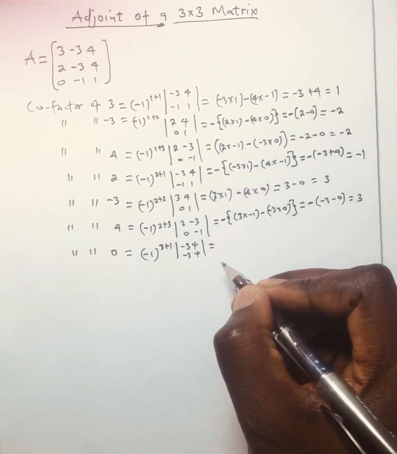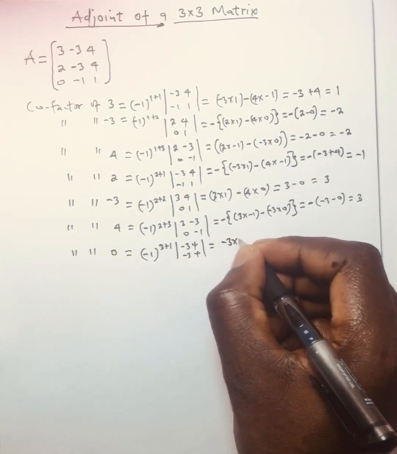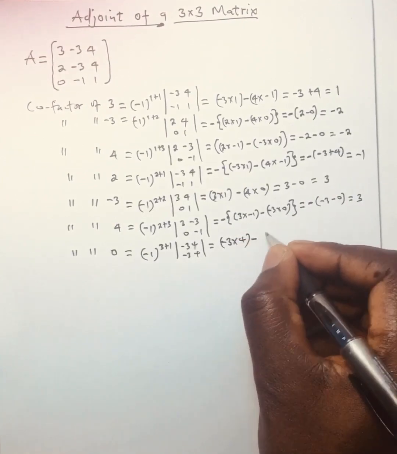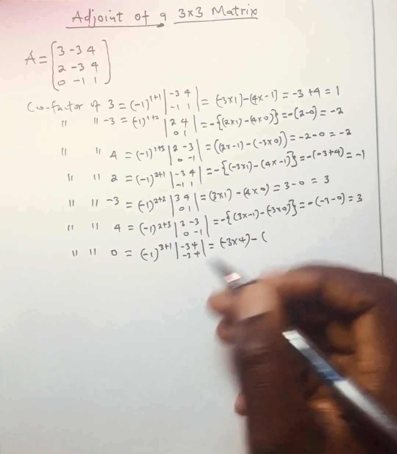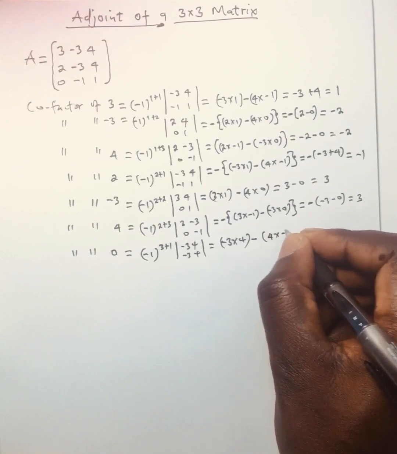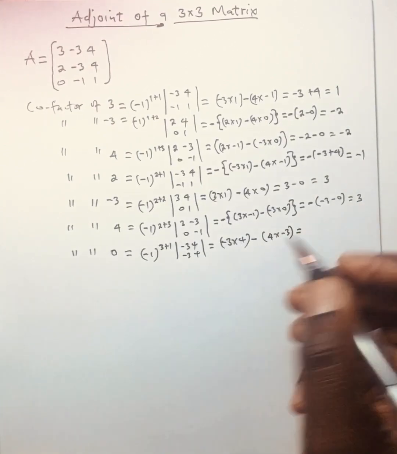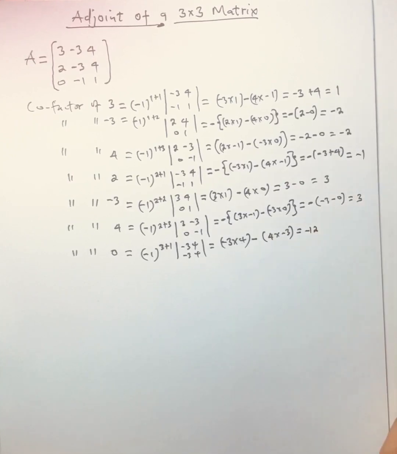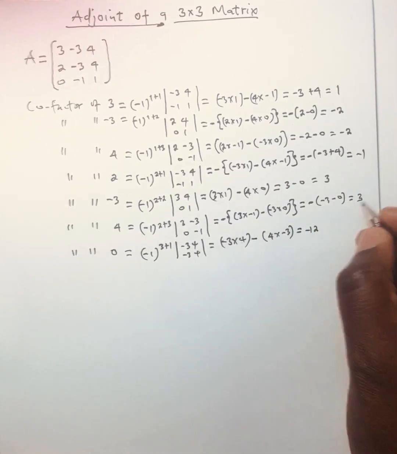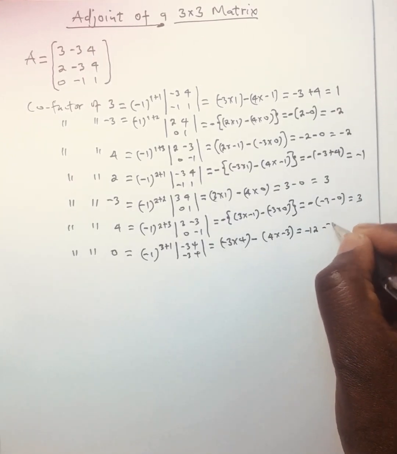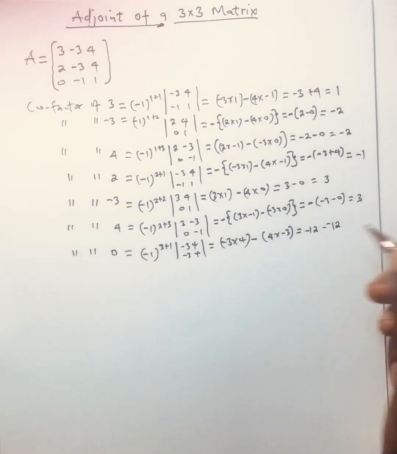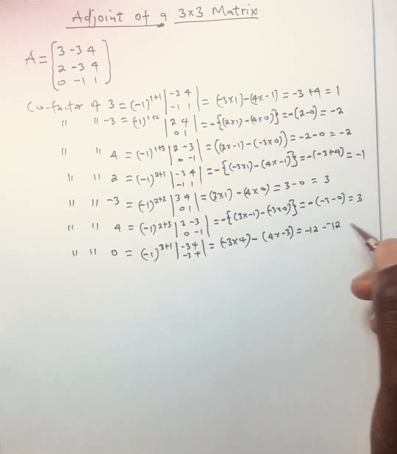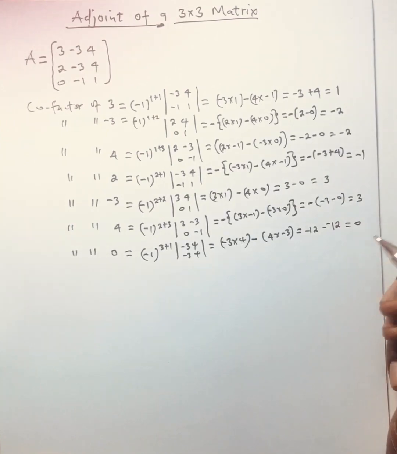So we are left with negative 3 times 4 minus 4 times negative 3, which is negative 12 minus negative 12. Minus negative is plus, so negative 12 plus 12 is 0.